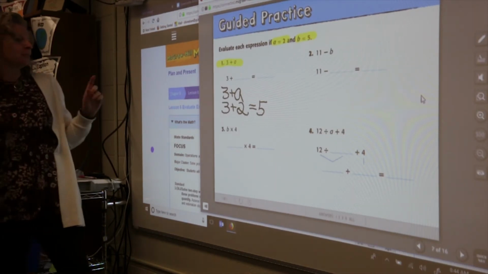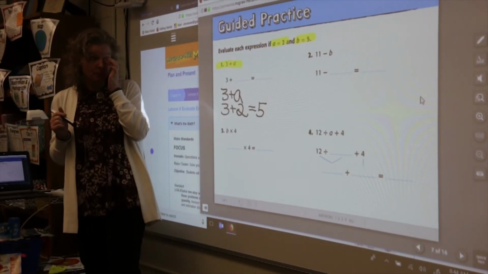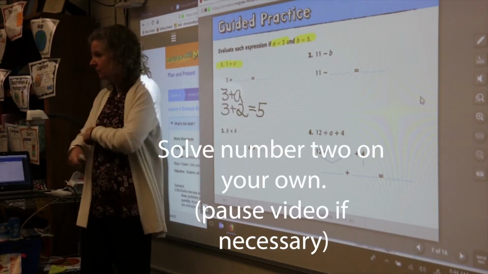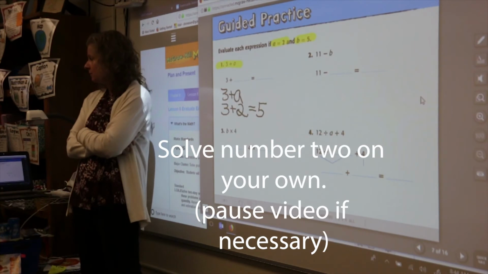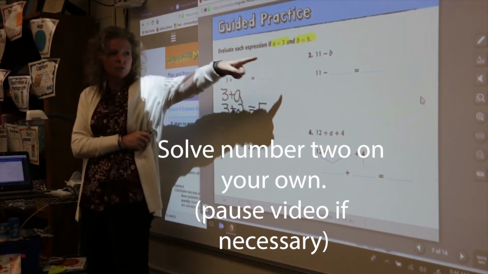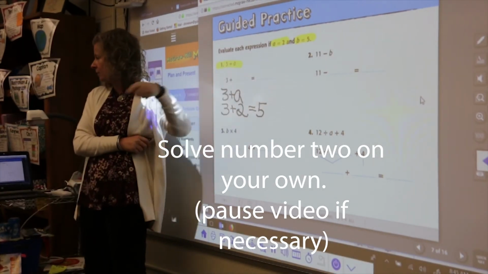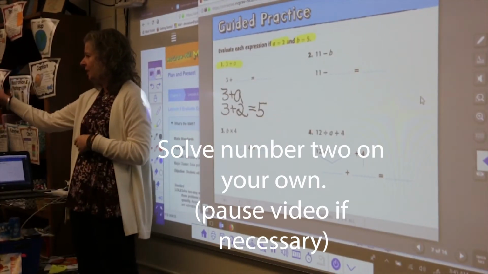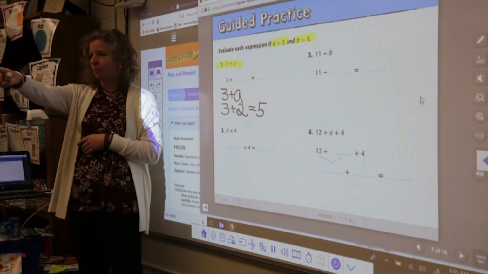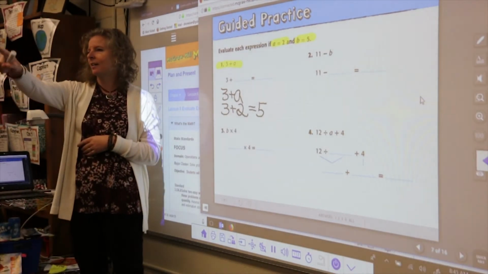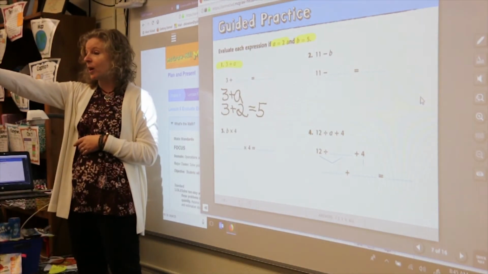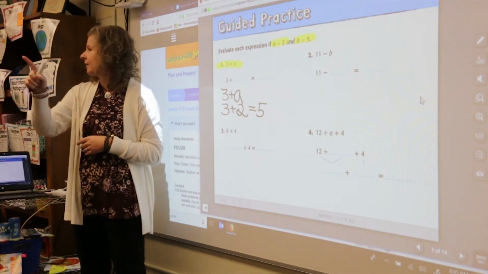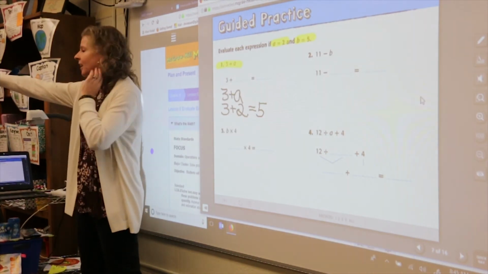Are you ready to try one? Yeah. All right, great. Look at number 2. Number 2's over there, just in case we don't read numbers. Evaluate the expression. You wrote the expression, now evaluate it. Hannah, I love this.